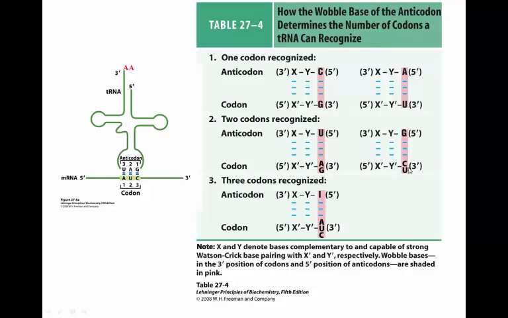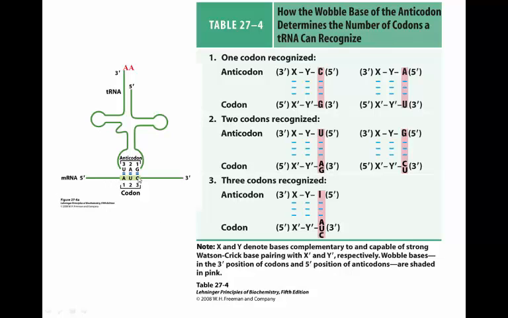3 codons recognized. If the anticodon in the 5' position has an inosine, it can recognize 3 different nucleotides in the 3' position of the codon. So here is the 3' position of the codon.